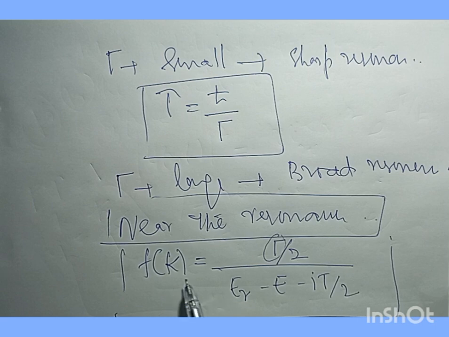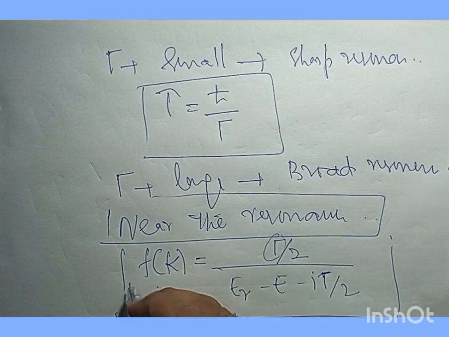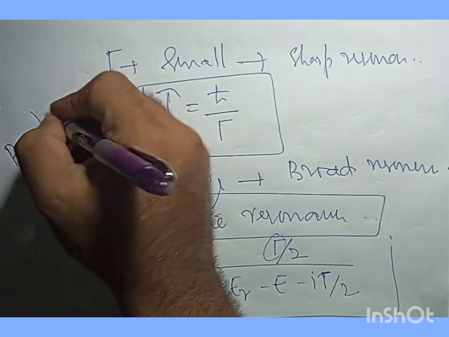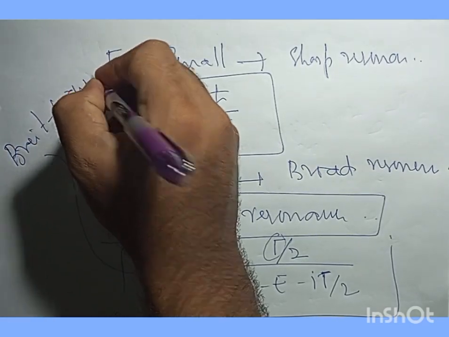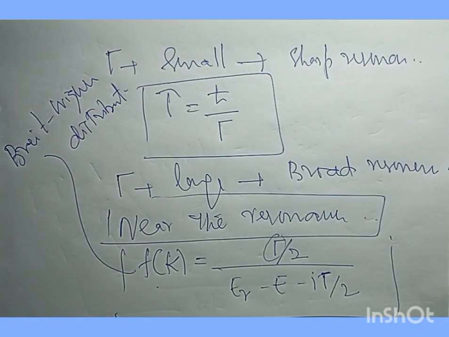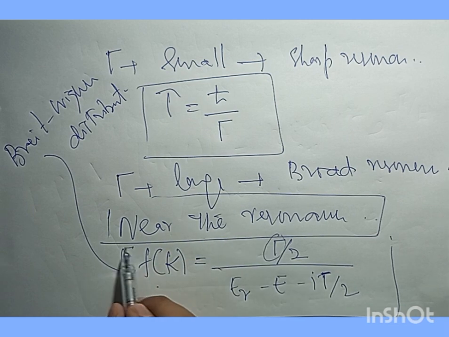So this is my scattering amplitude in terms of resonance width, resonance energy, and total energy. This equation is called the Breit-Wigner distribution. Oh no, no, this is my scattering amplitude.